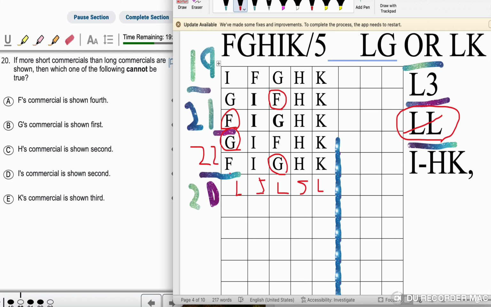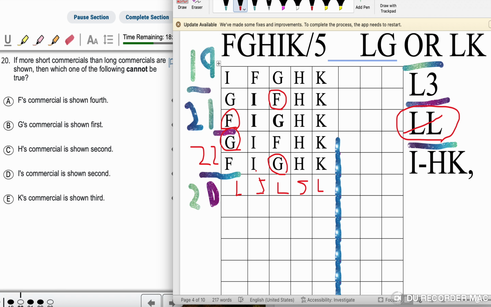So, which cannot be true? As of right now, we don't see G being able to be in the first position because they want the long one to be in the third position. And also, commercials that are long cannot be together. And it has to be more short than long.